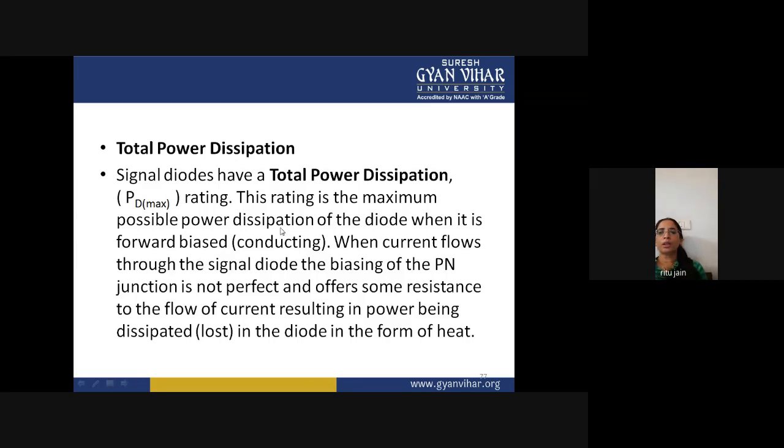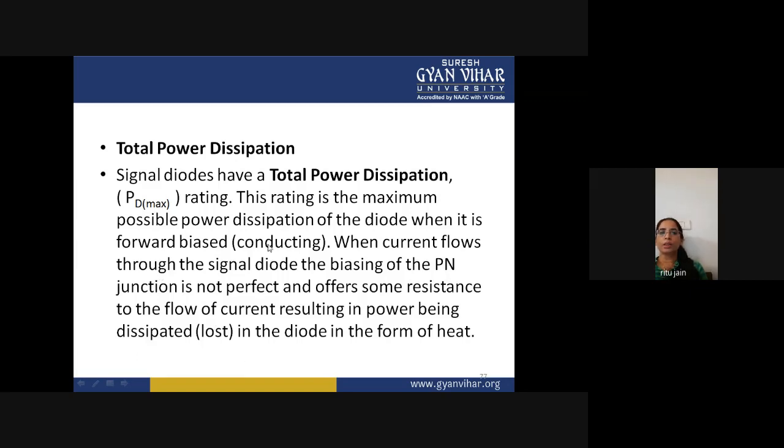Okay, so when current flows through the signal diode, the biasing of the PN junction is not perfect and offers some resistance to the flow of current, resulting in power being dissipated in the diode in the form of heat.